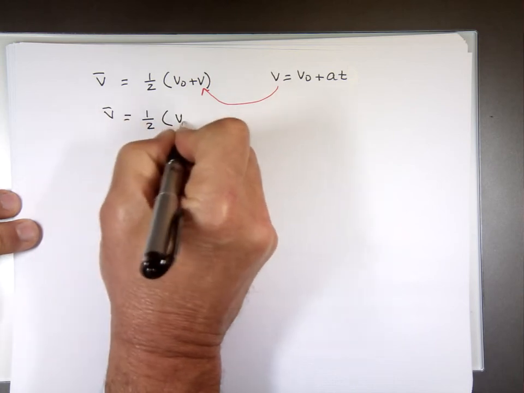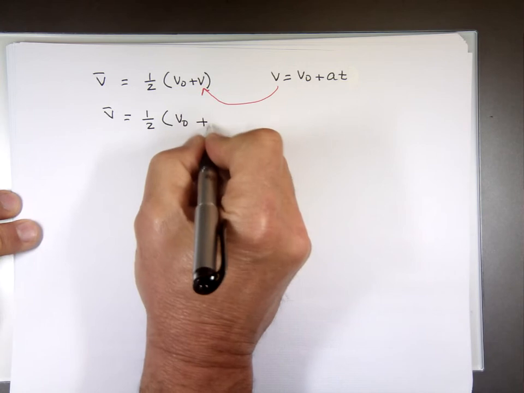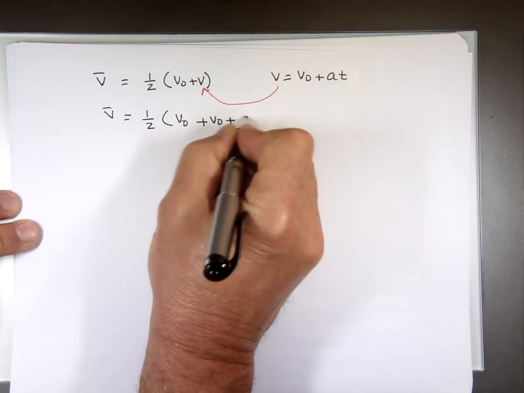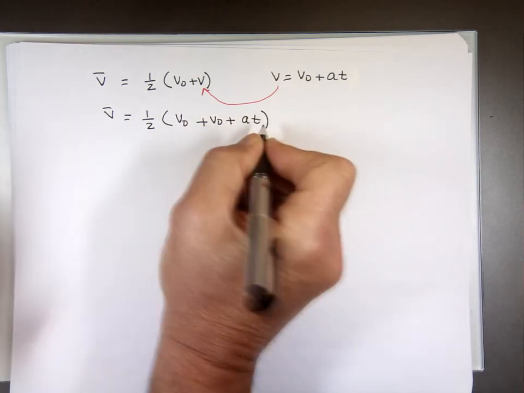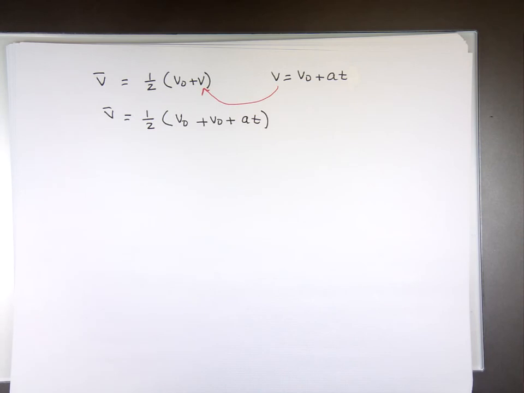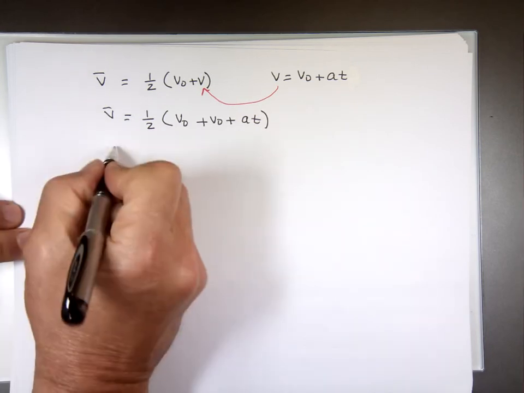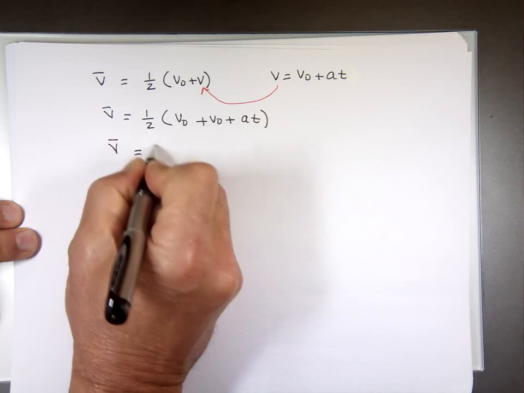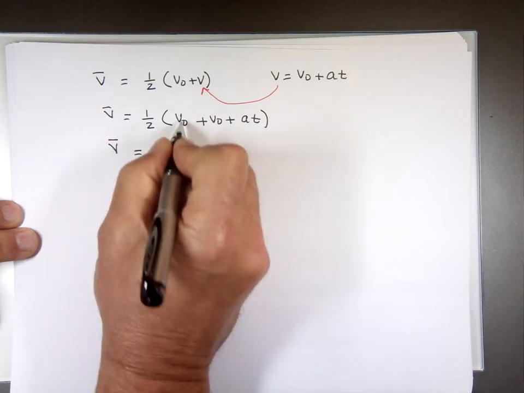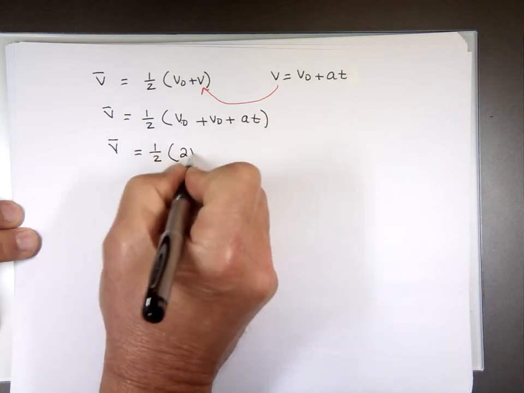Instead of putting V, I can write V0 plus AT. What's V0 and V0? 2V0 plus AT.